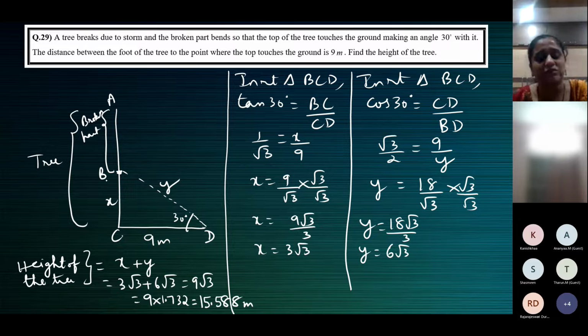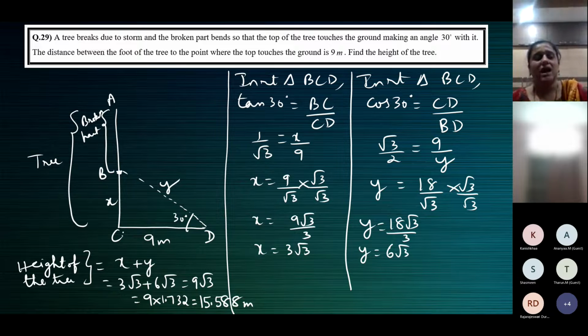So AB falls on the ground as BD. It breaks and it falls, touching the ground at an angle of 30 degrees. The part of the tree that is still intact with the ground is BC.